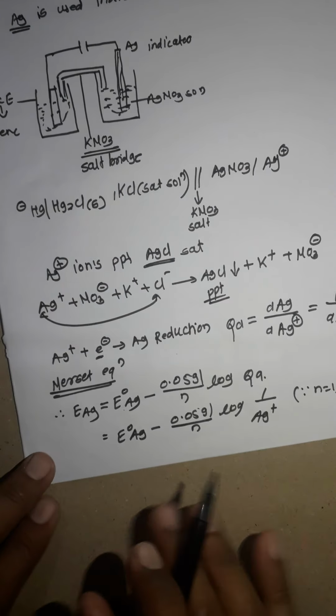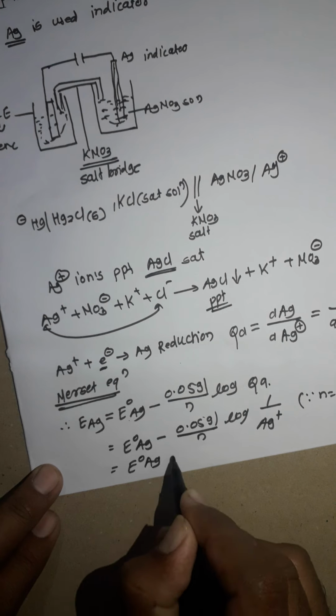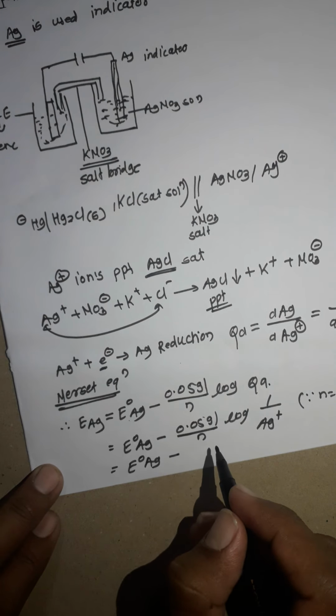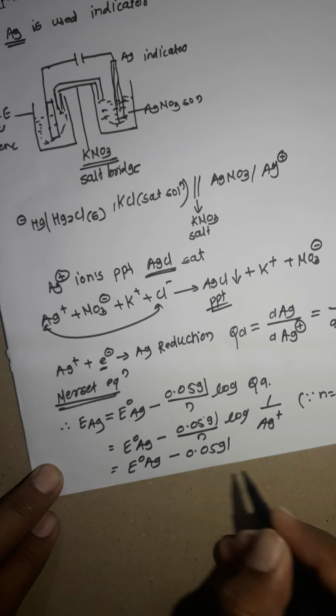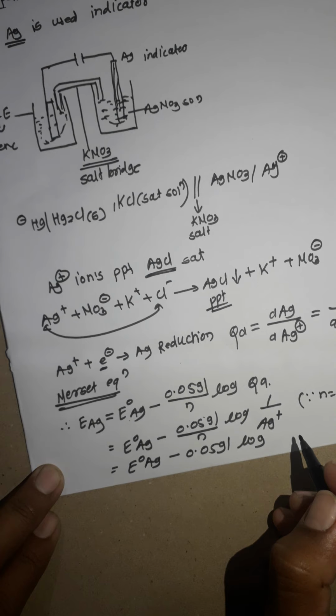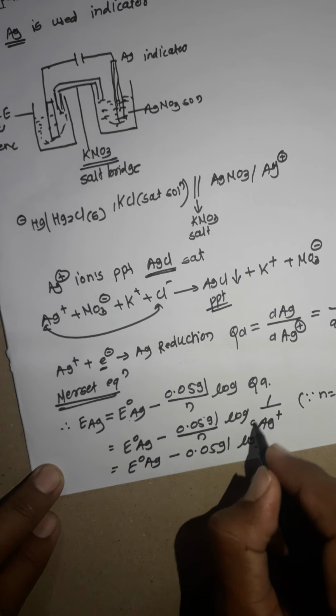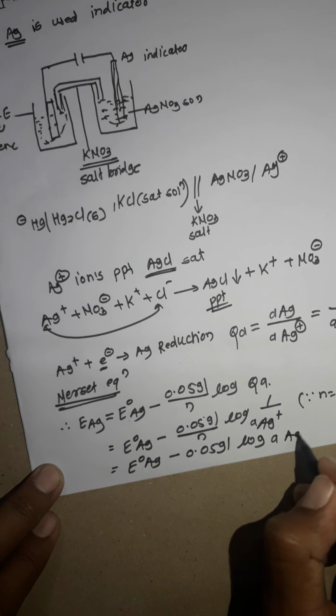Then the last equation is E0 of Ag minus 0.0591 log of 1 upon the activity of Ag plus ions.